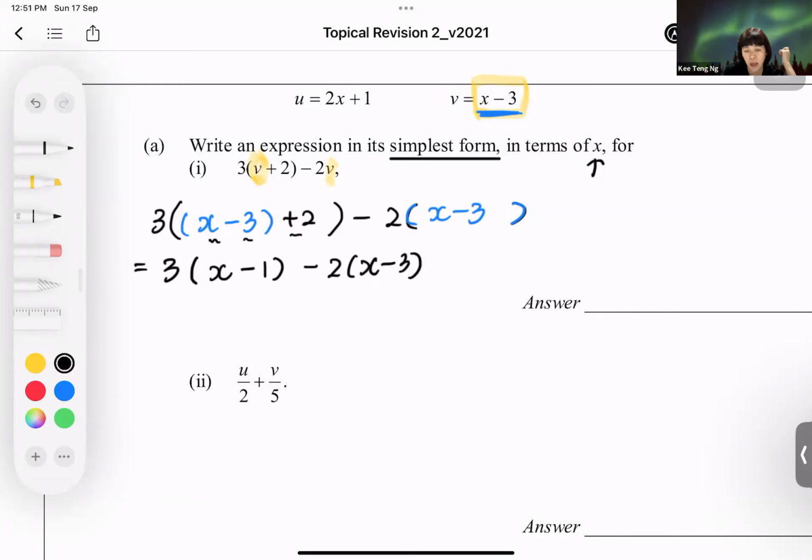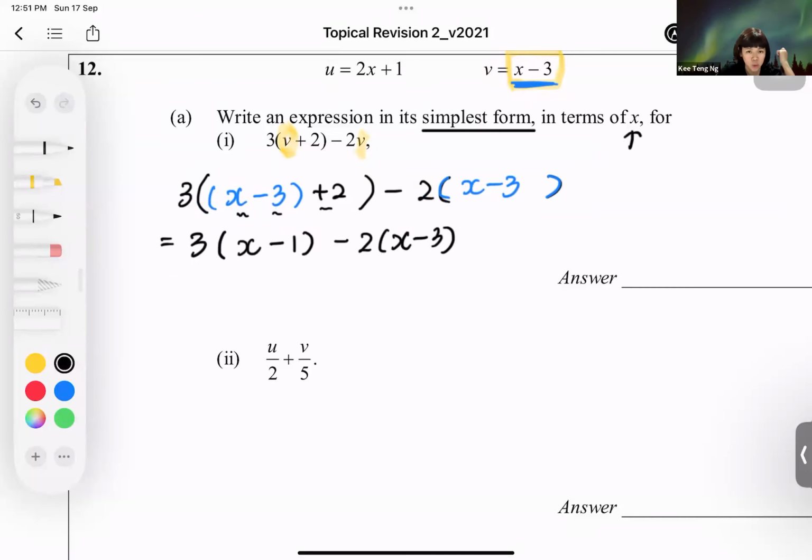Okay, next we have brackets over here. This one means we have a number 3, right? It means I need to multiply it inside to every single one. For example, like Chinese custom, you go to people's house, you knock on the door, you must go and greet everyone. So you must multiply, shake hands with everyone. You cannot just miss out some of them.